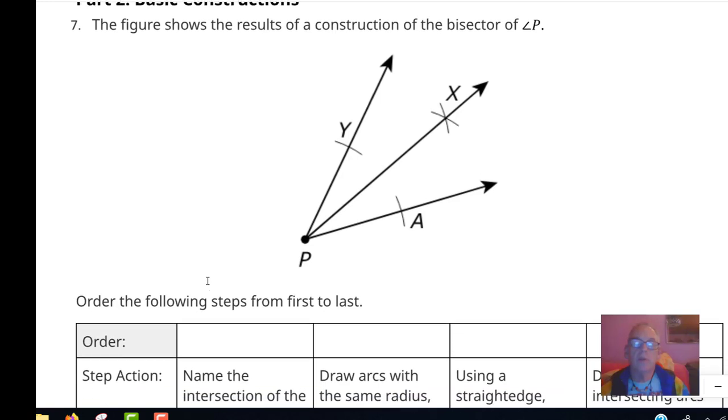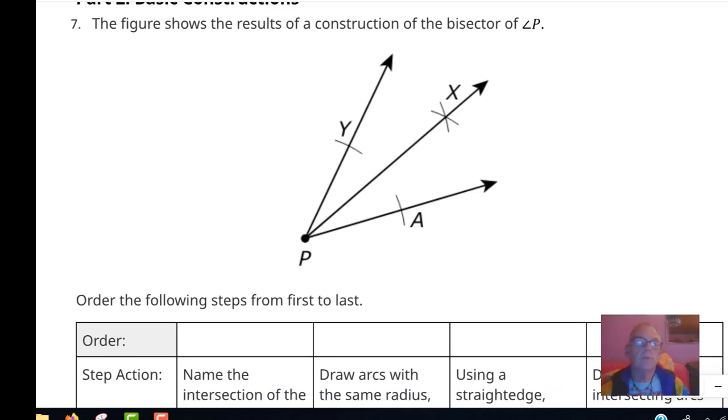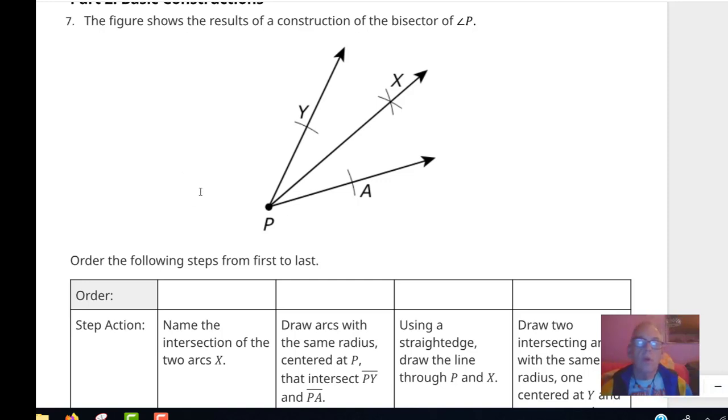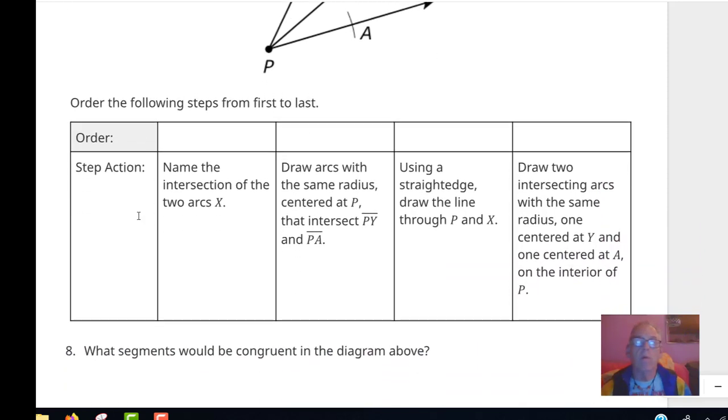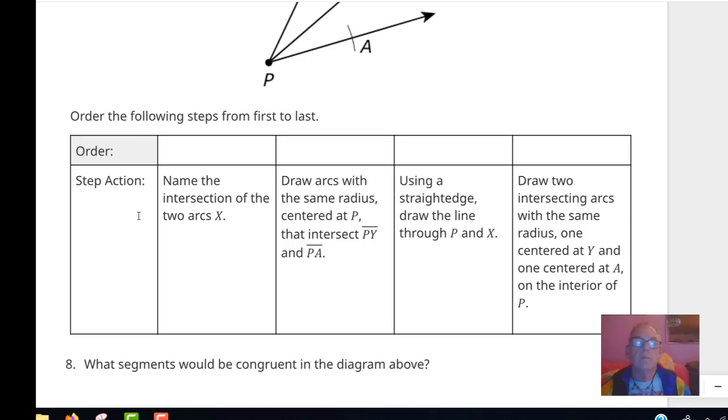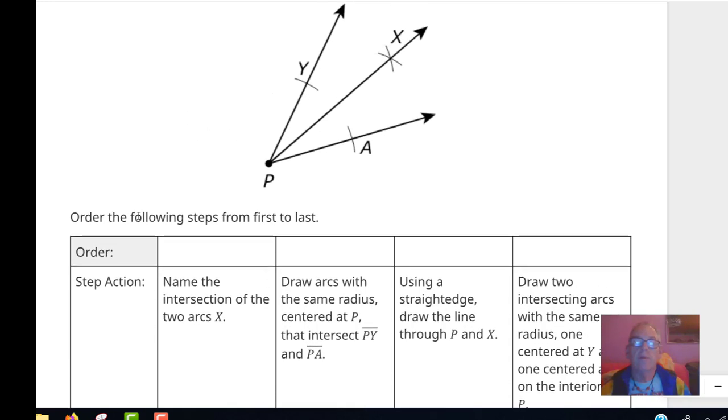Okay, basic constructions. So I think we have to name these in order. So we want to number these in order.